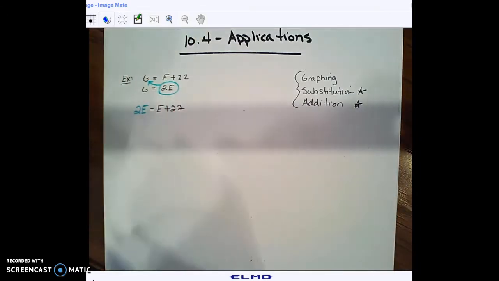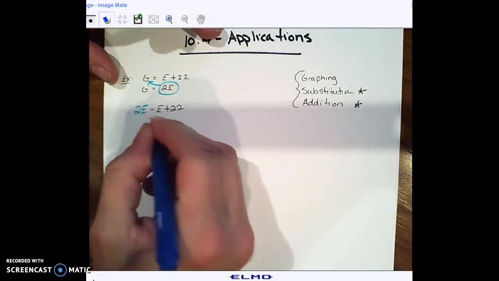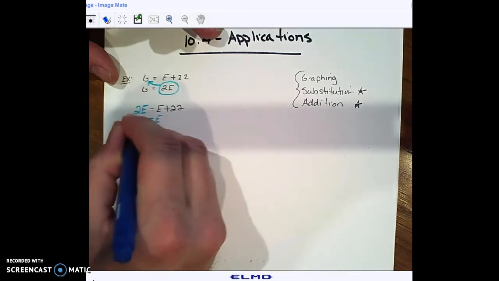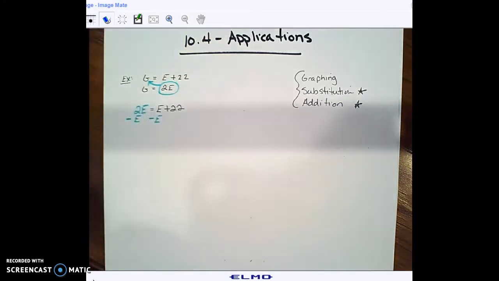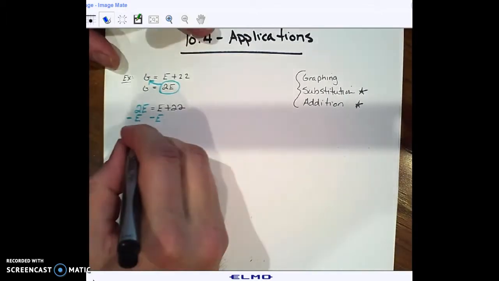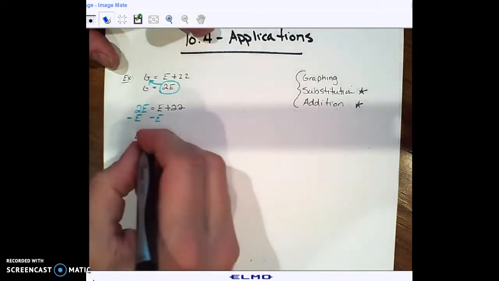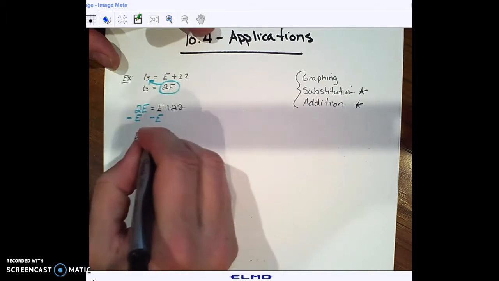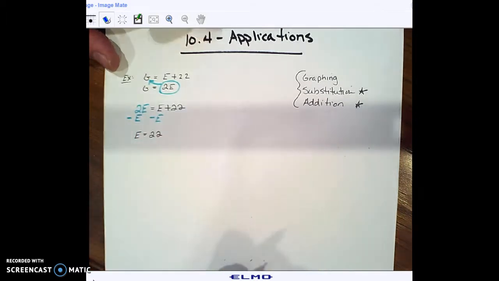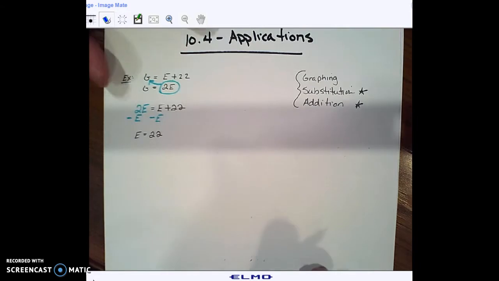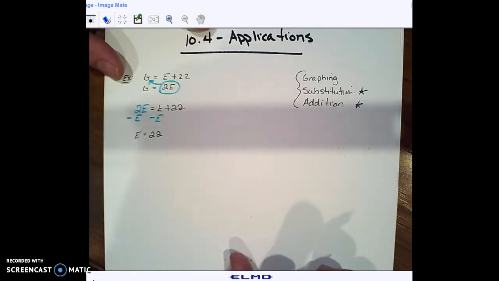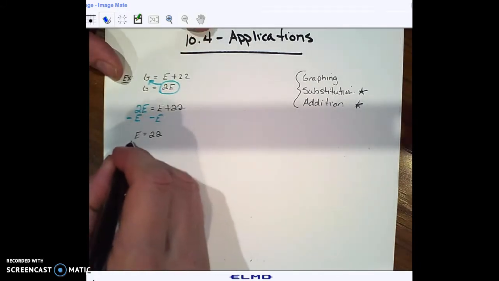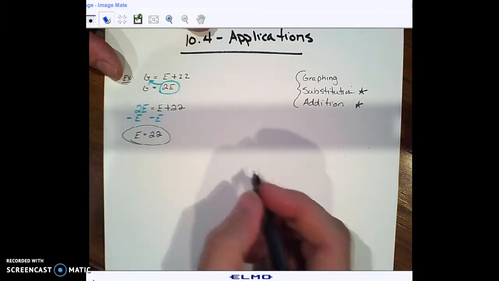Now all we need to do is solve. Of course, we solve a linear equation like this by subtracting e from both sides. 2e minus e is just going to leave me with e. So we know that e is equal to 22. And specifically, that is Ed's age. But now that we know Ed's age, we need to find out what Gloria's age is.